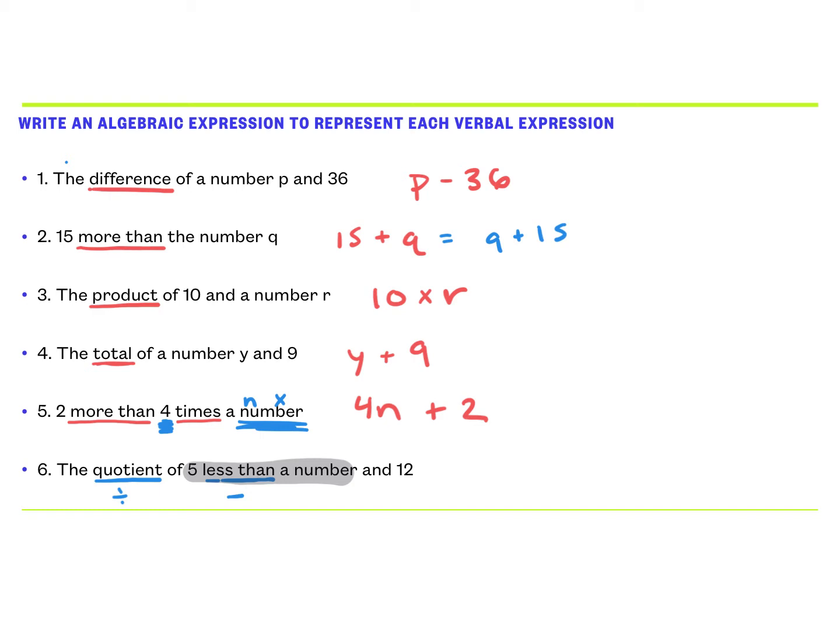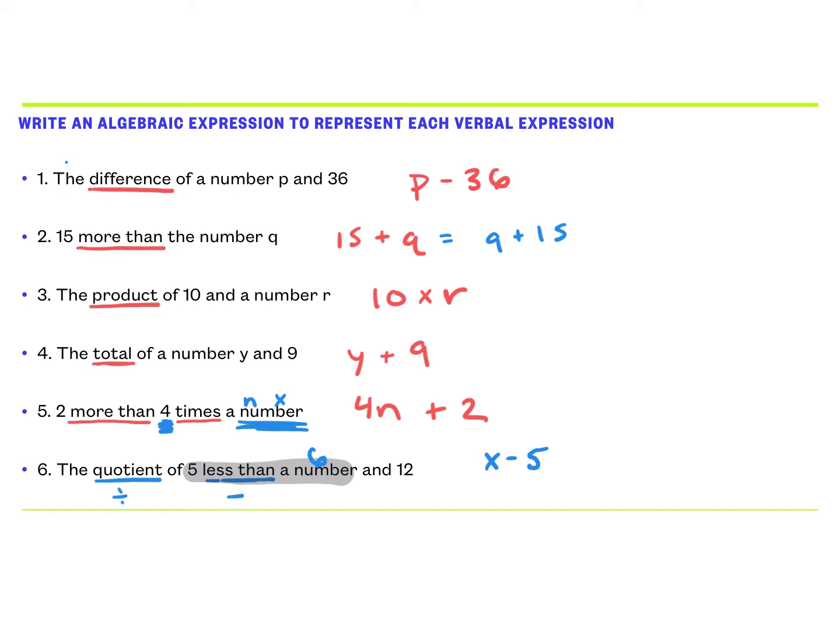So we're taking away 5 from that number, so it would be x minus 5. So if I said 5 less than 6, that would be 1. So 6 minus 5 would be 1. So the 5 has to come second.